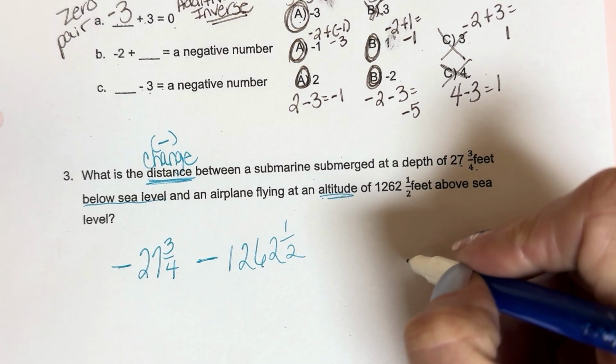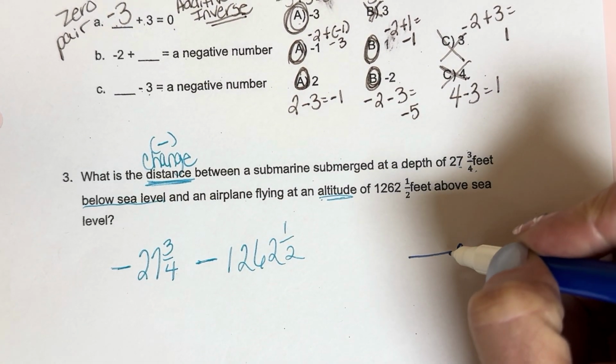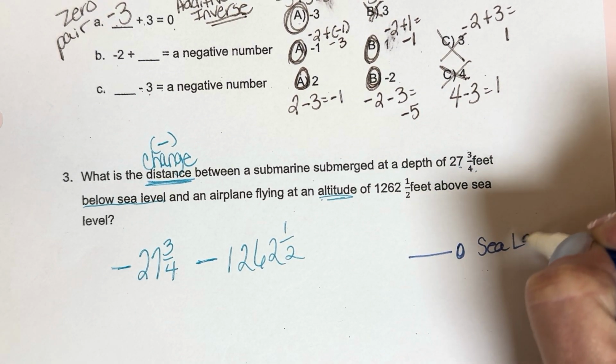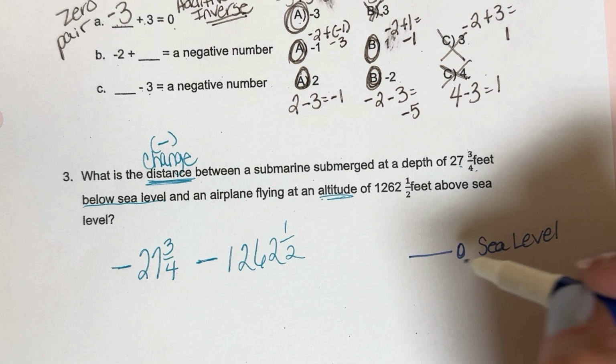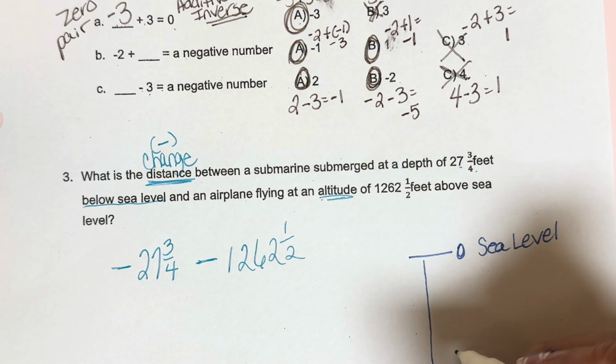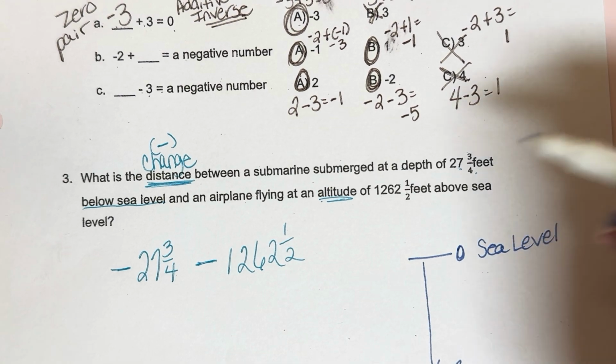So here we are. We got 0. This is sea level. Sea level is 0. Okay? So we've got a submarine that's all the way down here at 27 3/4 feet down below.